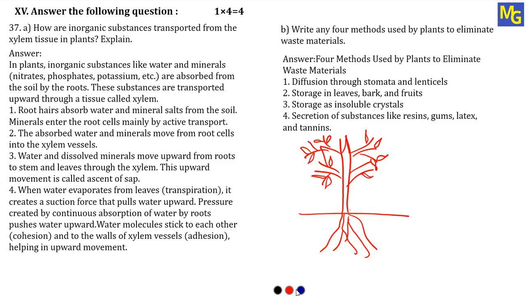So see here what happens, the water present in the soil, this water will be having minerals, and this water and minerals will be absorbed by the root hairs. So there will be small root hairs present on these roots. Same like the shoot or the stem, root also will be divided into many branches, and all these roots will be having such type of small hairs which are called root hair.